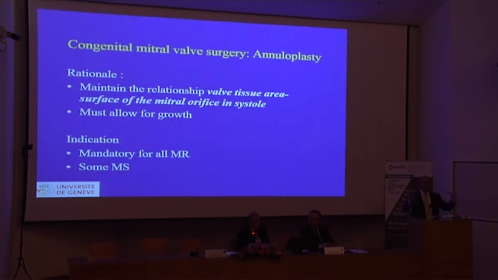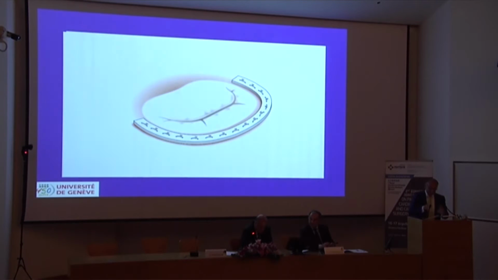Because if you do commissurotomy, usually what I notice is that you have some residual leaks through the split commissures. And for that reason, you also have to reestablish a good coaptation surface at the level of both commissures. Now, what are the annuloplasty techniques?